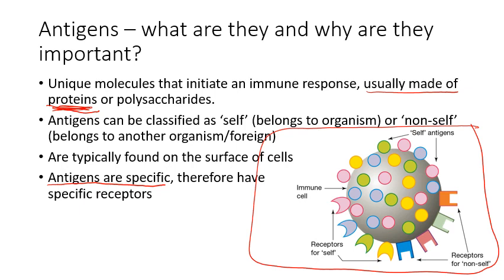If I was to compare my cell to a cell that didn't originate from my body, for example, a cell that came from your body, I would not expect to see the same antigens on the surface of your cell. You are not identical to me in any way. We come from different parents. Even my own siblings, they wouldn't have the same antigens on the surface of their cells as I do.